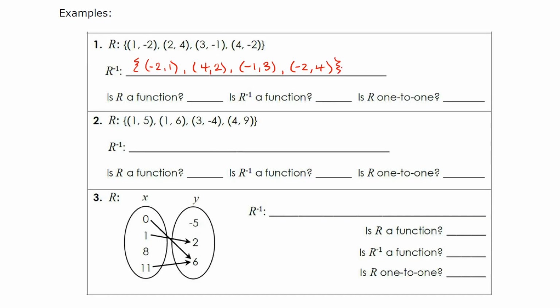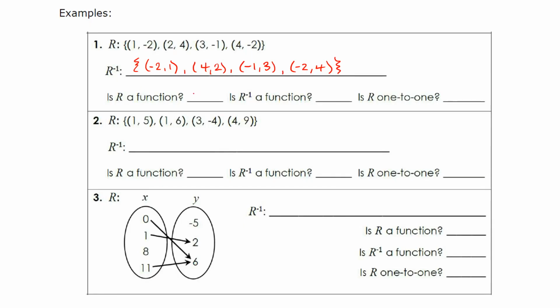Now, is R a function? Well, in order for it to be a function, every x must match to exactly 1 y. So if I plug in 1, 2, 3, and 4, do I get 1 y?